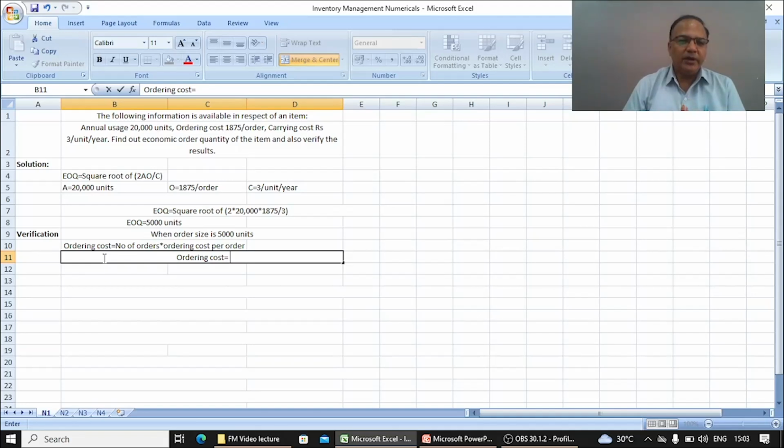Number of orders will be 4, because it's given in the question that annual usage is 20,000 units, and if you are giving an order of 5,000 units, it means you have to make 4 orders of 5,000 units each so that you may purchase 20,000 units. So number of orders is 4 into ordering cost per order.